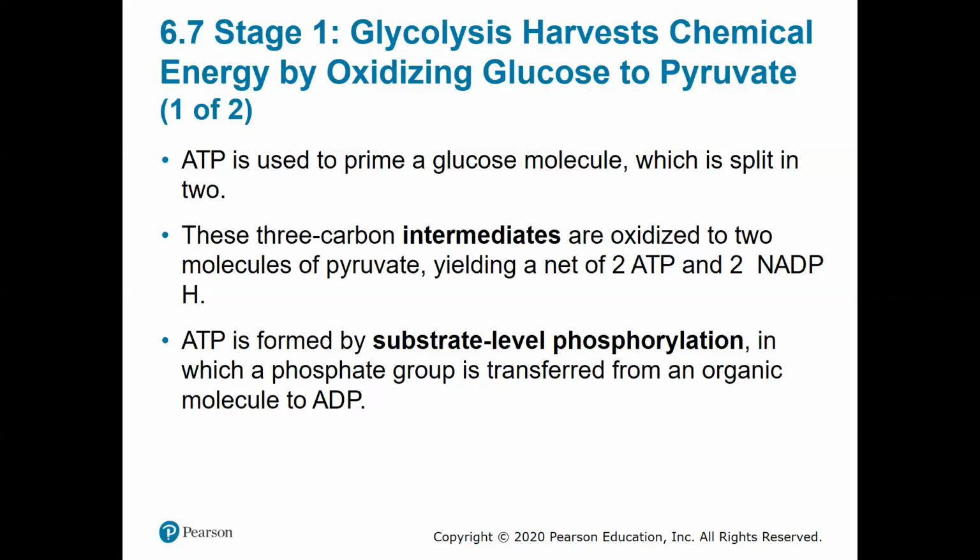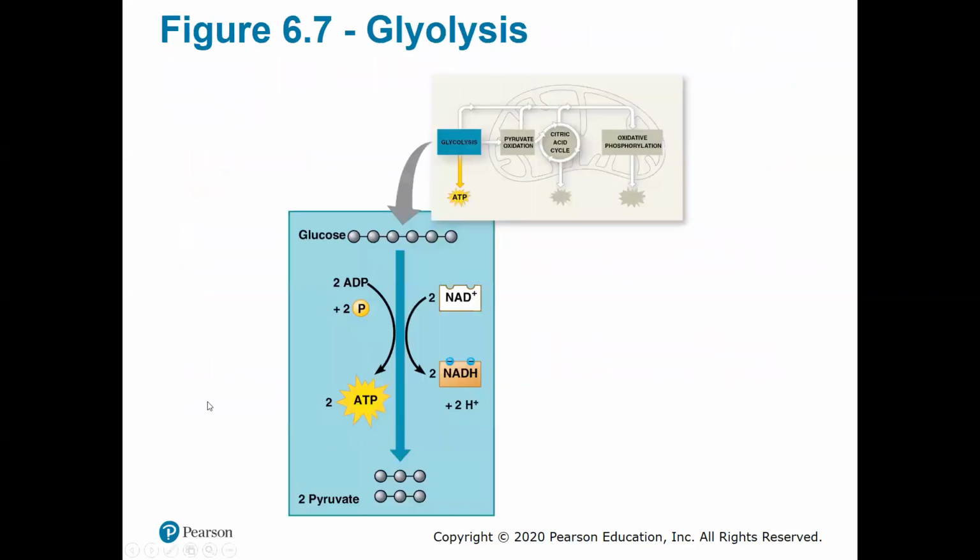So ATP is formed by what we call substrate level phosphorylation, which means that a phosphate group is transferred from an organic molecule to ADP. And so this is just showing you the overall results of glycolysis. You have your glucose molecule, which is 6 carbons.